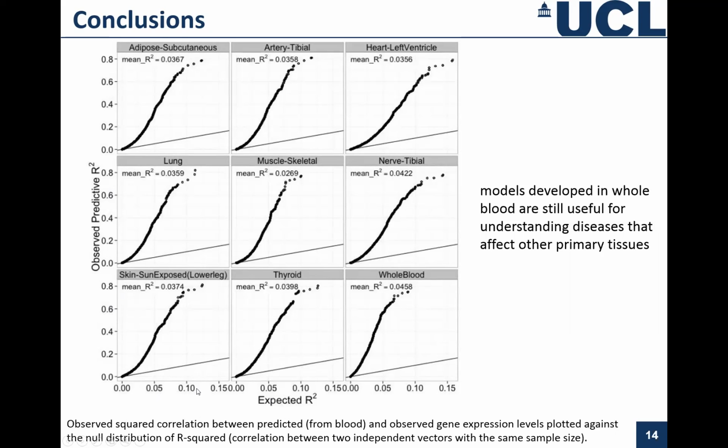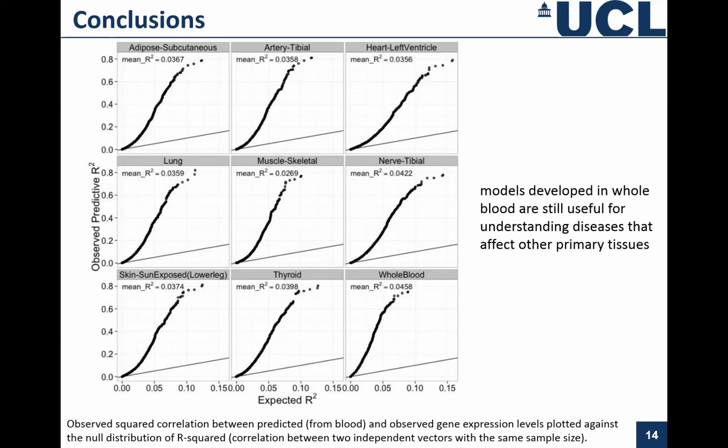So when the two vectors would be independent, this departure from the null distribution is telling us that in this case, models derived from blood were able to significantly predict the gene expression level also in different tissues.